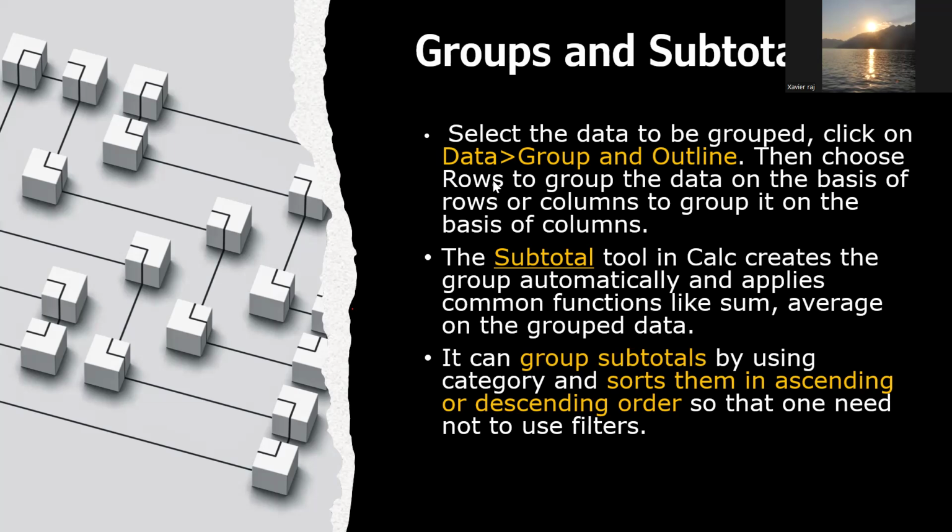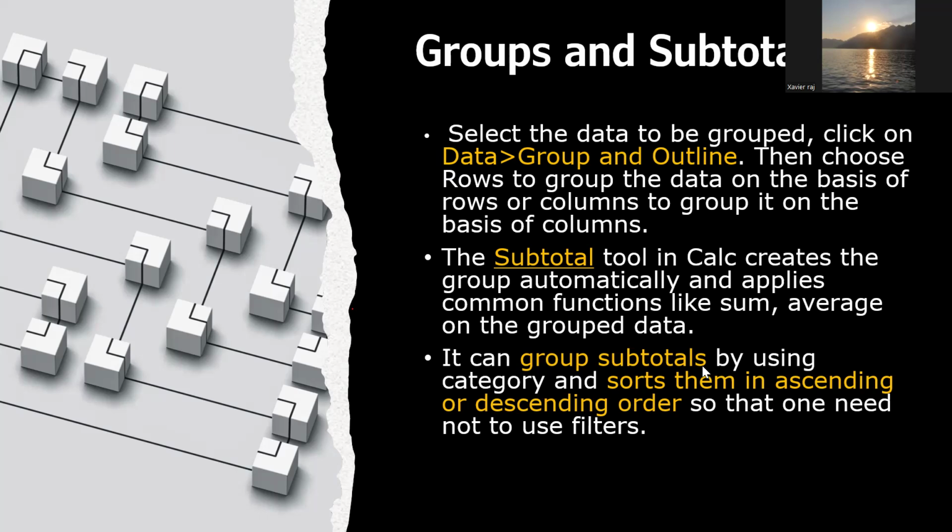Then choose rows to group the data on the basis of rows, or columns to group it on the basis of the column. The subtotal tool in Calc creates the group automatically and applies common functions like sum and average to the grouped data. It can group the subtotals by category and sorts them in ascending or descending order.